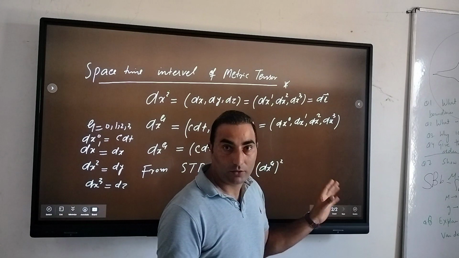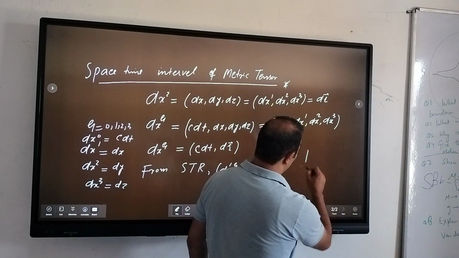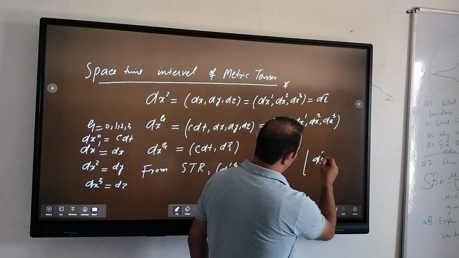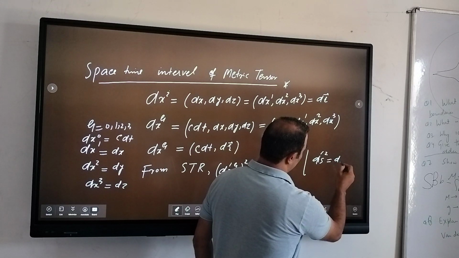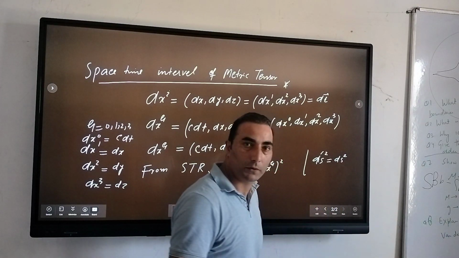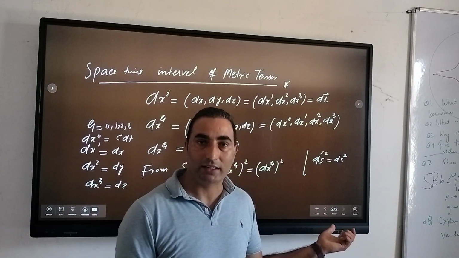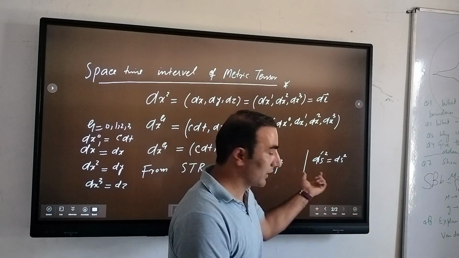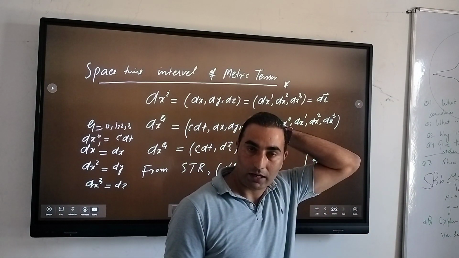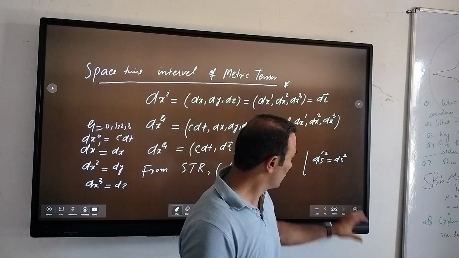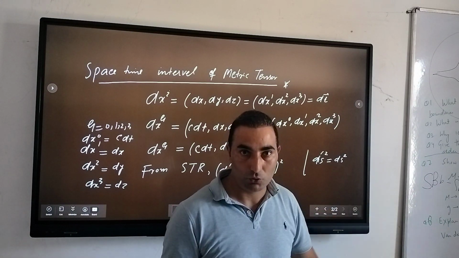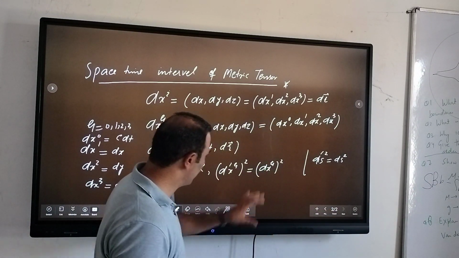If you have watched my previous videos, we have written that ds'^2 equals ds^2. So the square of the length element remains invariant if you go from one frame to another frame. Now let's rewrite this.